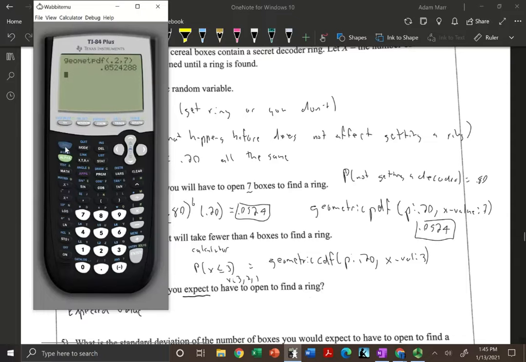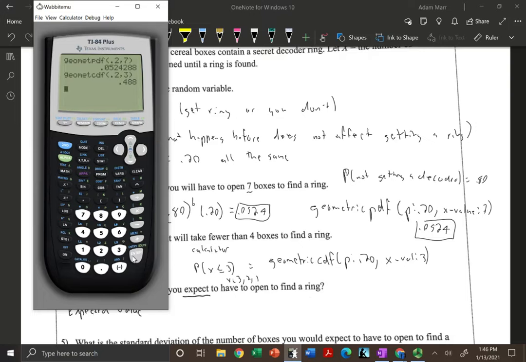We're just going to go second vars, and geometric CDF is right there. It's 0.2, and the X value is 3. And right here, it's 0.488 is what we get.